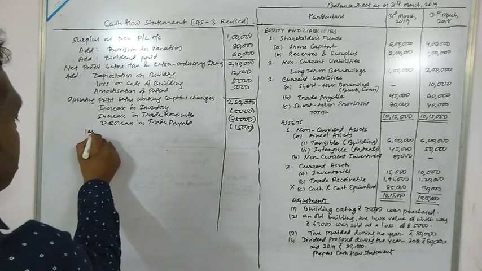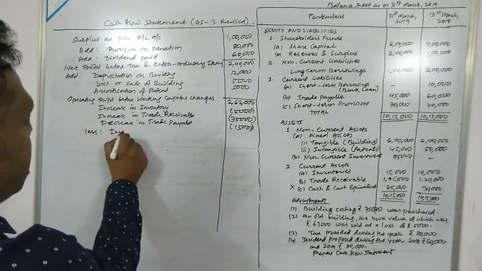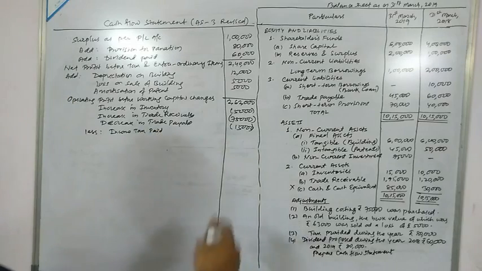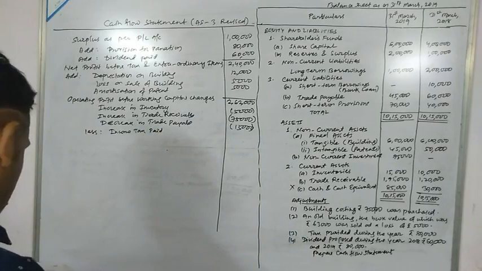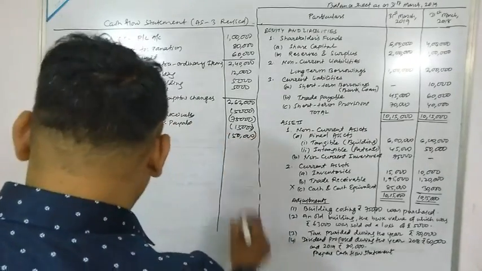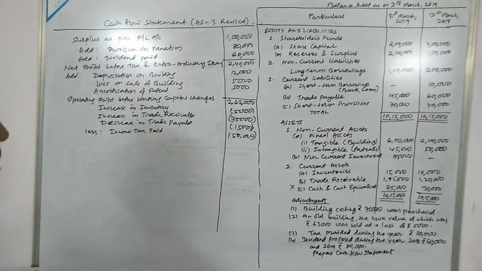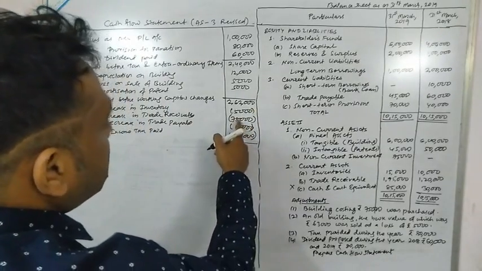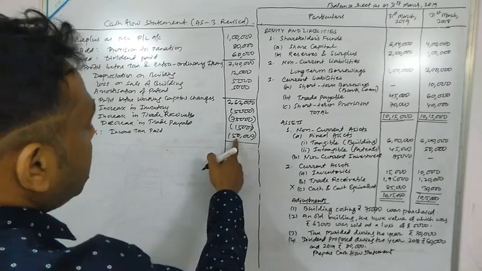Last but not the least, less income tax paid, which we have prepared while preparing the working note. How much did we calculate? 50,000. So how much would it be? 2,62,000 minus 80,000 minus 95,000 minus 50,000.